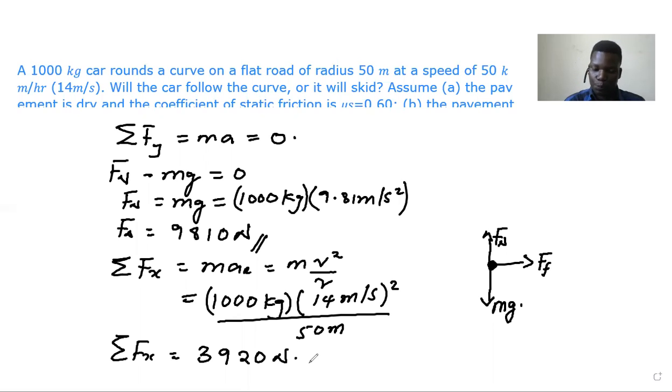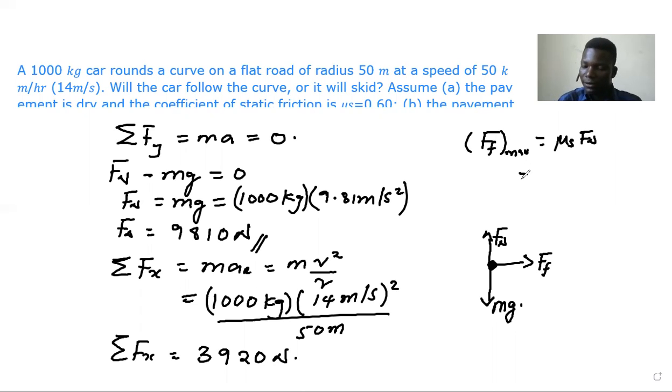Okay, so we know the relationship: the maximum friction force is given by the coefficient of static friction multiplied by the normal force. So now we are on A, where we assume that this pavement is dry and the coefficient of static friction is 0.6.